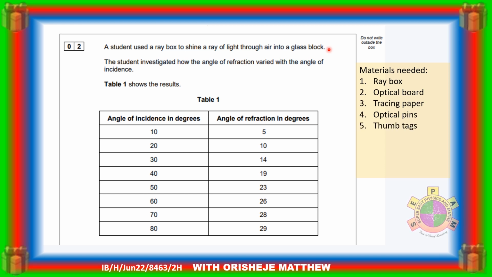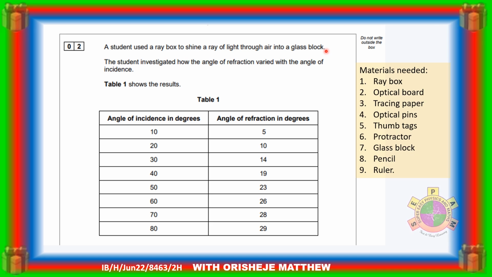Then you have thumb tacks to pin the tracing paper to the optical board. Then you need a protractor to measure the angle of incidence and angle of refraction. Then you need the glass block that you are going to measure the refractive index of. Then you need a pencil to trace your line, and then a ruler to draw straight lines.